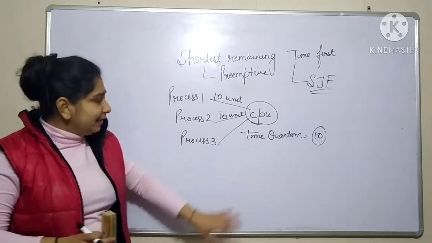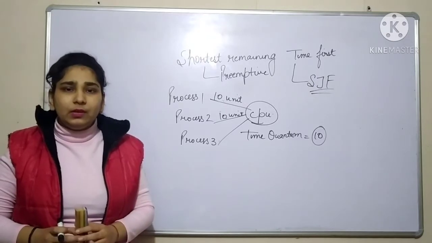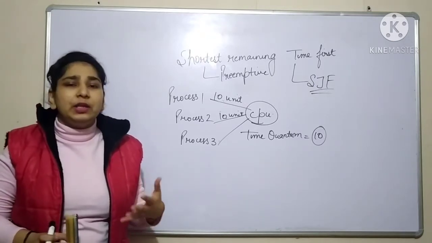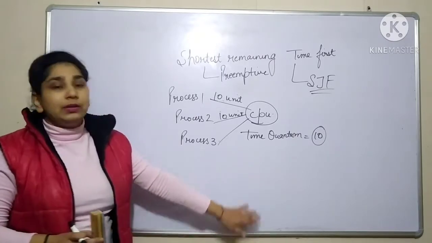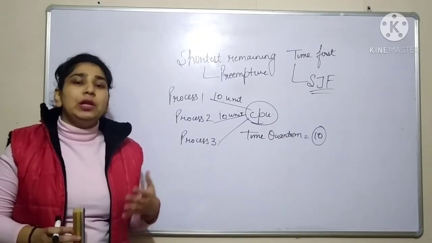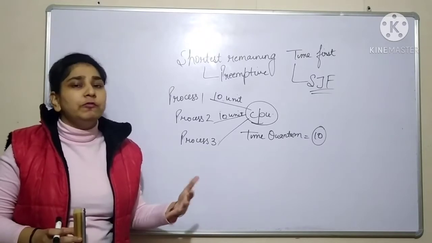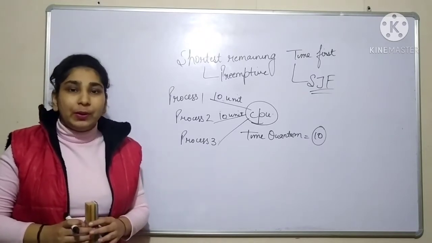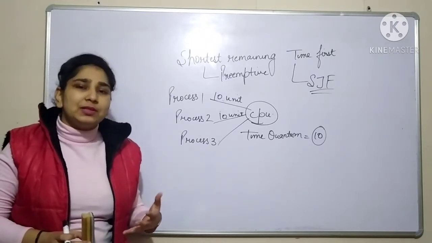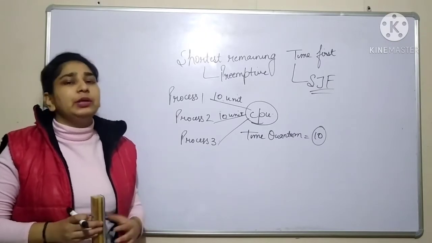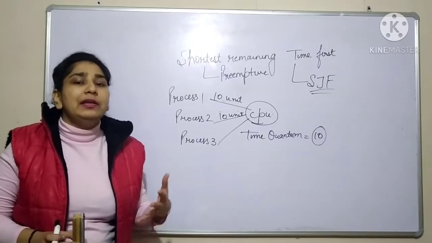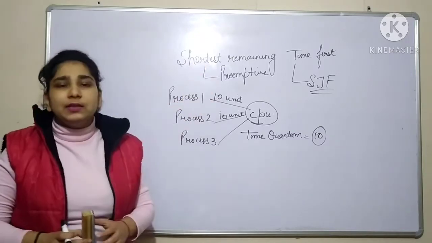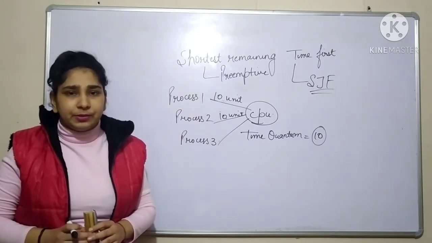If you start executing your shortest job first, then in very little time you will be executing many processes, so the waiting time of the processes is going to be reduced, and the starvation problem is going to be reduced in shortest remaining time first.